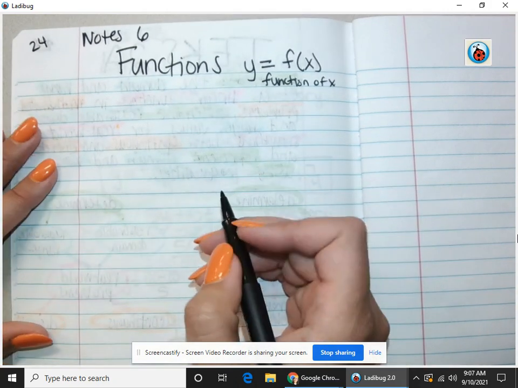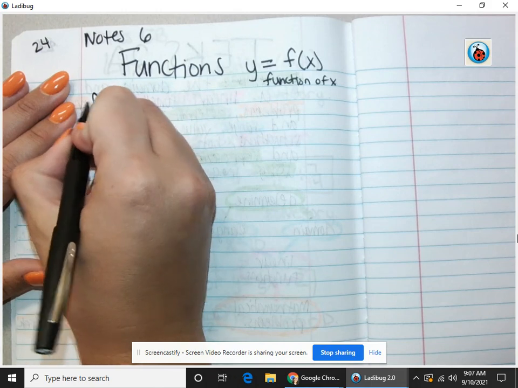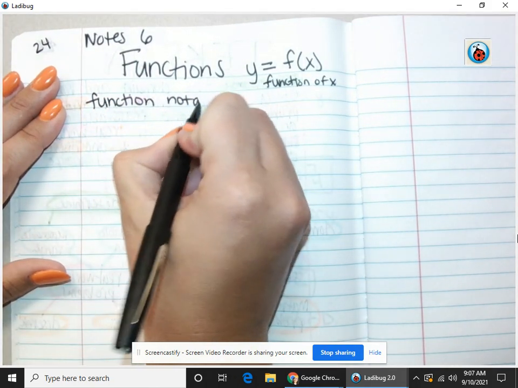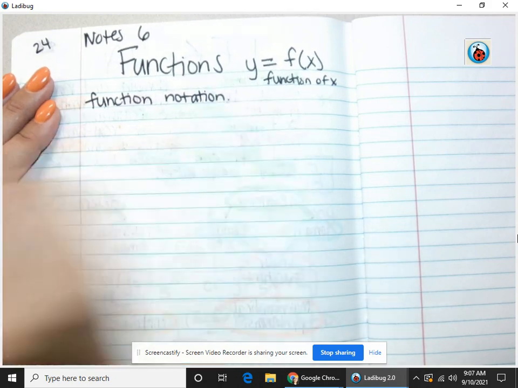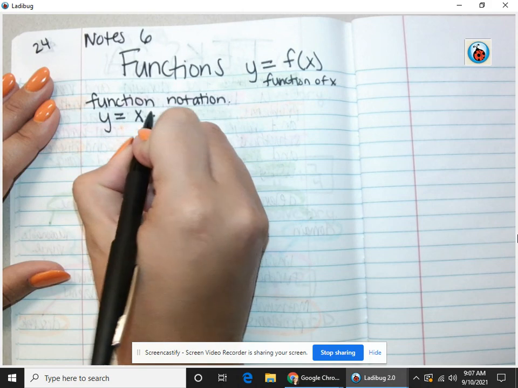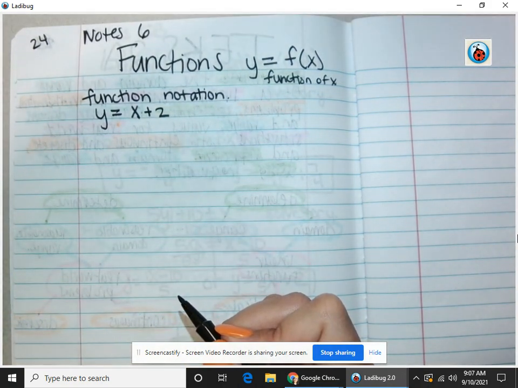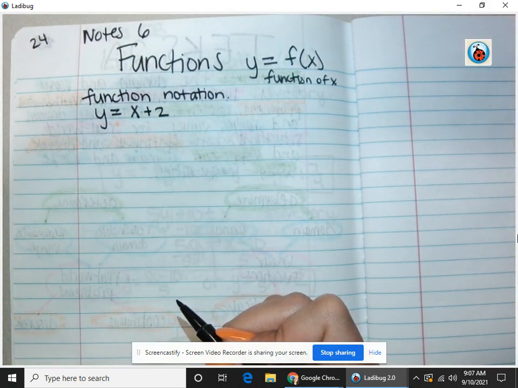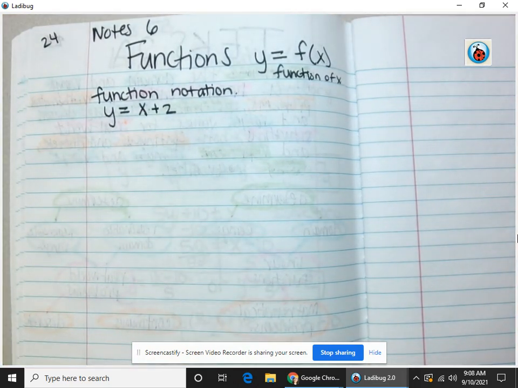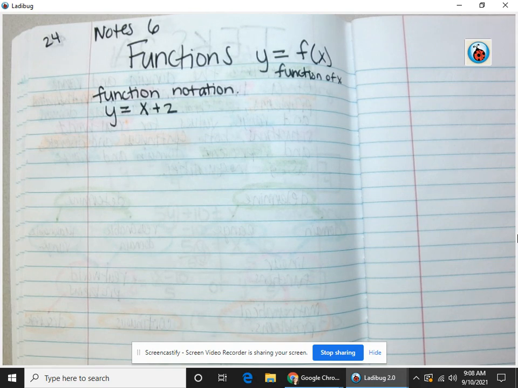So we have this thing called function notation. All function notation does is take a y equals equation, so if I have y equals x plus 2, it changes it into function notation, meaning we have an f of x.